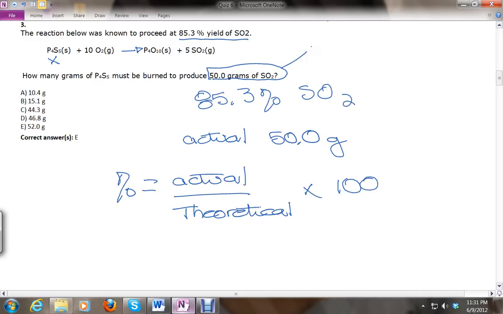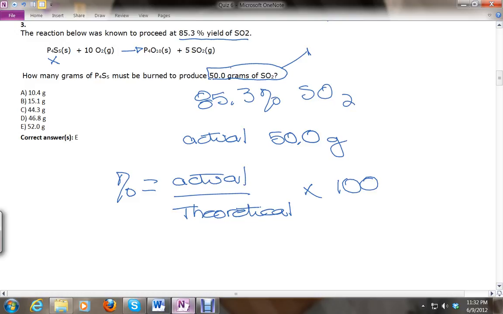But you know that the reaction proceeds at 85.3%. Would you burn P4S5 to just make 50 if you know you're going to produce less? Because if this is the percentage of yield, after the experiment you're going to end up with less than 50.